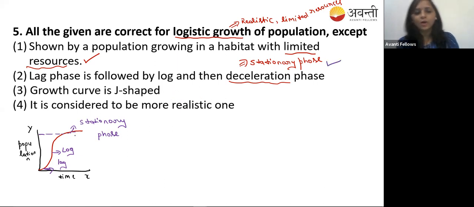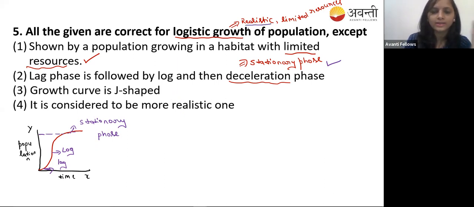Then coming to option 4, it says it is considered to be the more realistic one. Yes, it is more realistic, as I told you before. The exponential growth is a theoretical one, while the logistic growth is a realistic one, so that is also correct. Then option 3 says it is a J-shaped curve.